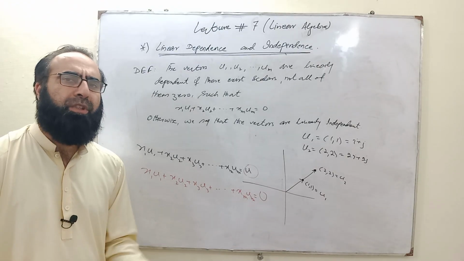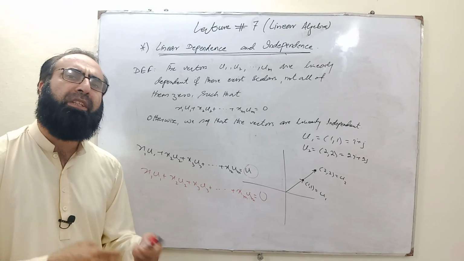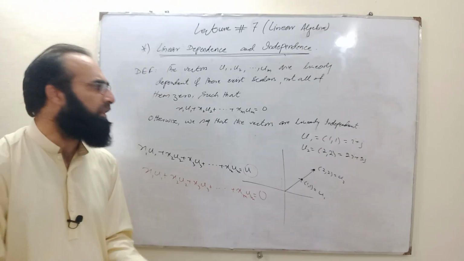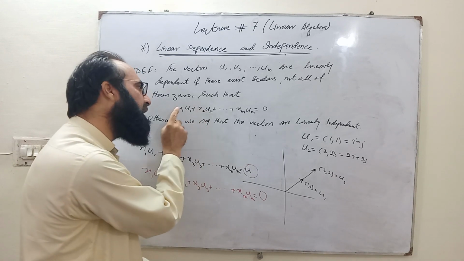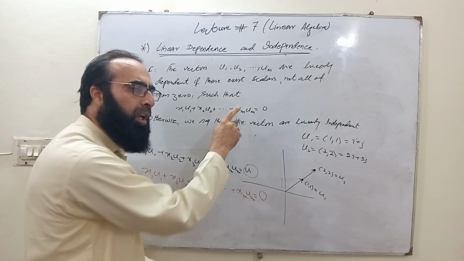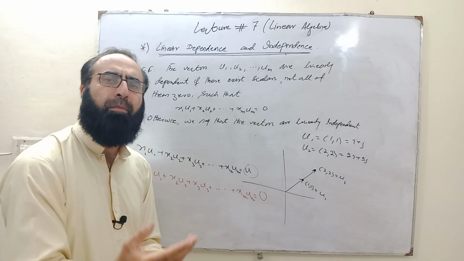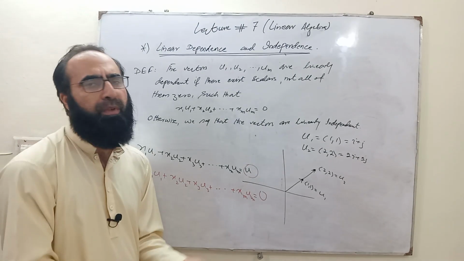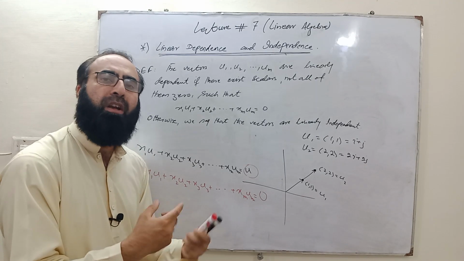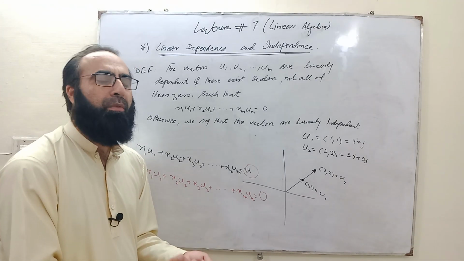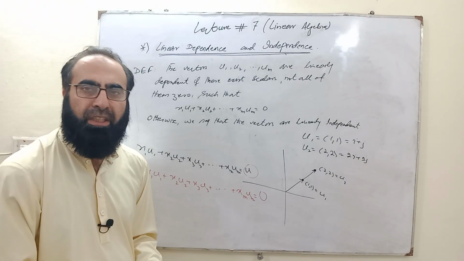Means in both cases, we have to deal with this equation and find x1, x2 up to xm. If x1, x2 up to xm all are zeros, then the vectors are linearly independent. If not all of them are zeros, then the vectors are linearly dependent.